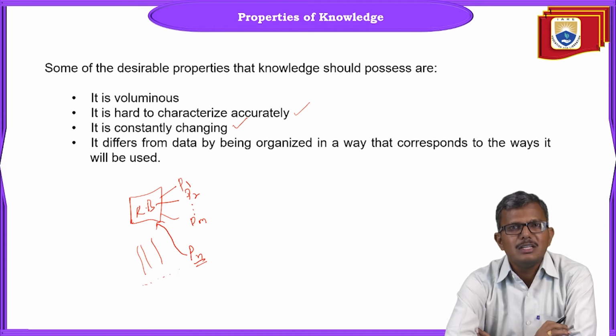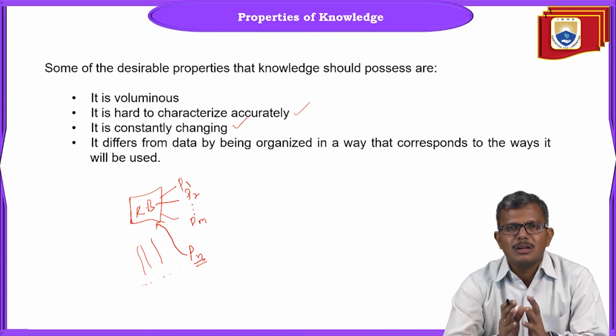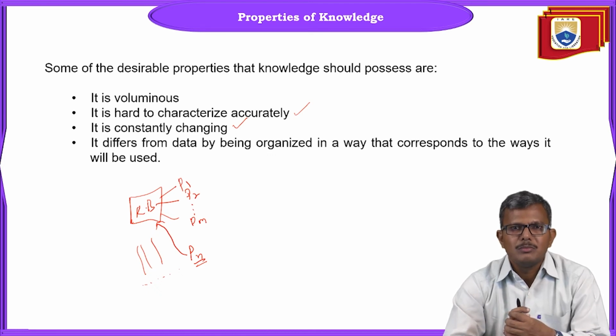That's why we say that one of the properties of knowledge is that it is constantly changing. And another one is that it differs from data by being organized and by the way it is used. Okay, this is also very, very important. The way you are representing the knowledge base, you cannot use the same thing and apply it to your problem. The way of organizing will be different and the way of applying is also going to be different.